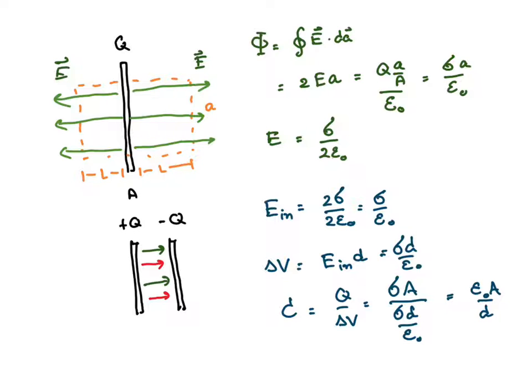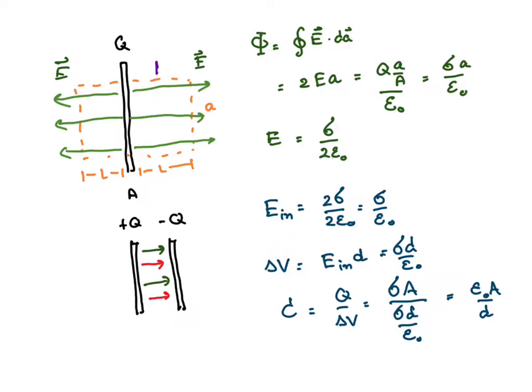So we know that the electric field on this surface and on this surface are equal. When we calculate the flux of the electric field passing through the Gaussian surface, we can see that the flux on this side will be 0 because the electric field is perpendicular to the area vector.